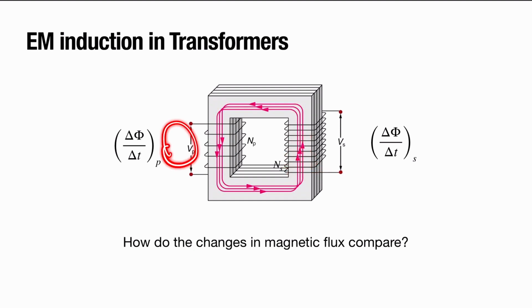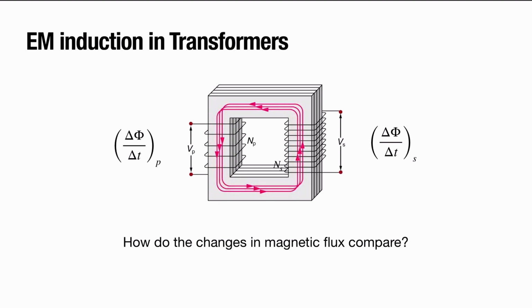So the source produces current. The current flowing here produces a magnetic field. The flowing magnetic field induces a current on the secondary side. So although these two coils are not physically and electrically connected, by being in the vicinity of the flowing magnetic field, the flowing current here eventually induces a flowing current here. Of course, it does so through the magnetic field.